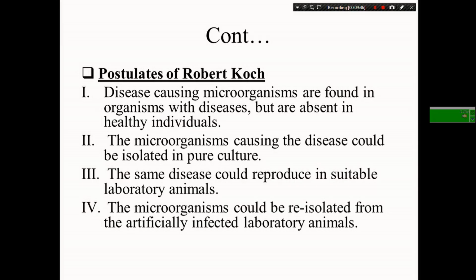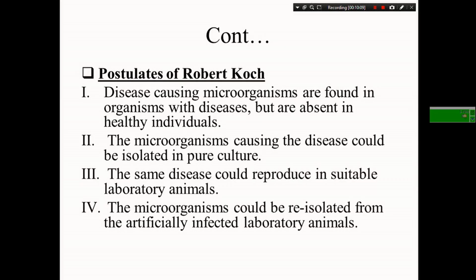He was the first person to isolate the bacteria that cause anthrax and tuberculosis. Finally, Robert Koch put forward his own formulation as postulates. Robert Koch developed certain rules which are known as Koch's postulates.